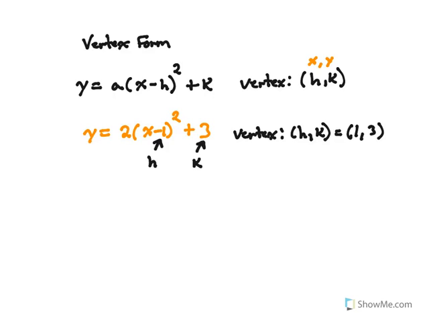Let's go back to the vertex form of y equals a times x minus h squared plus k. This is the vertex form that we had from up top. Then let's plug in the values of h and k. So h is 1 and k is 3. In order to get minus h, in order to get a -1, you notice that in orange I have x minus 1 squared. In order to get that, h had to have been positive.